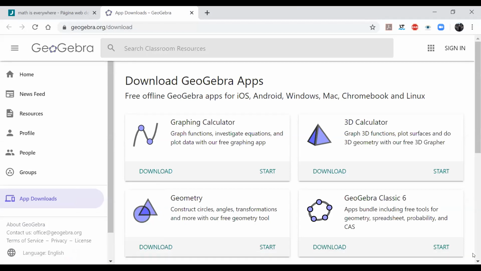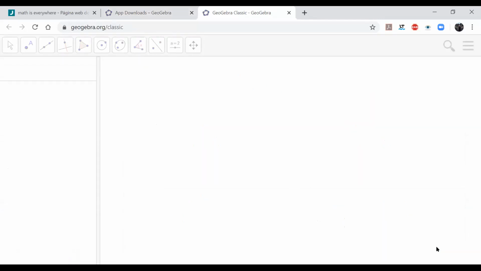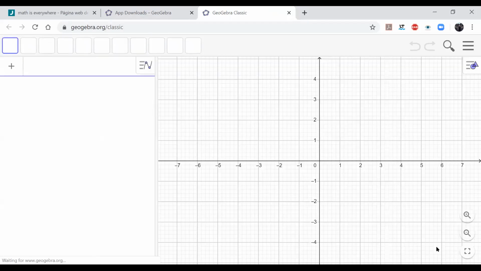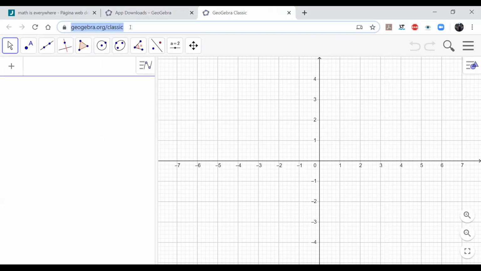I am showing you how you can work if you click on start. When you click on start, it'll take you to a website called geogebra.org/classic, okay? Okay, teacher. Thank you.